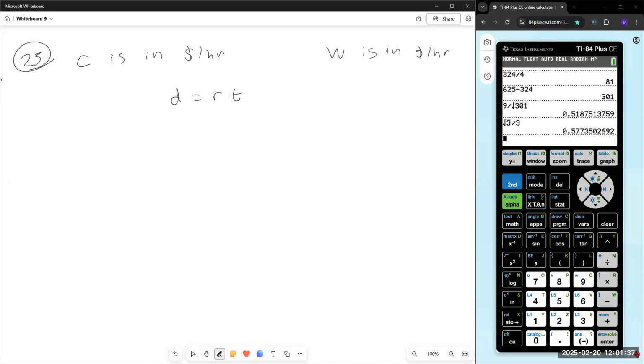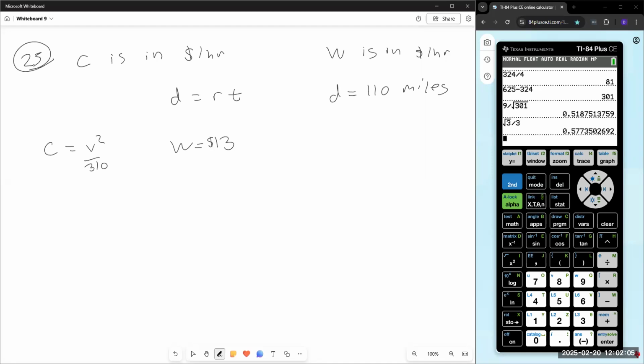And we're going to need to know that our distance is 110 miles. So our fuel cost C is V squared over 310, and our driver's wages W is $13 an hour.